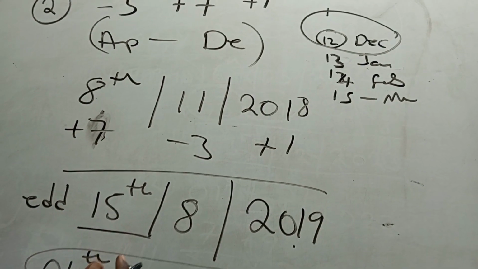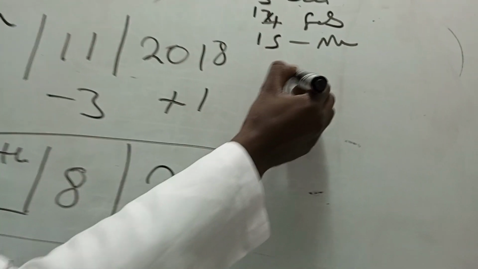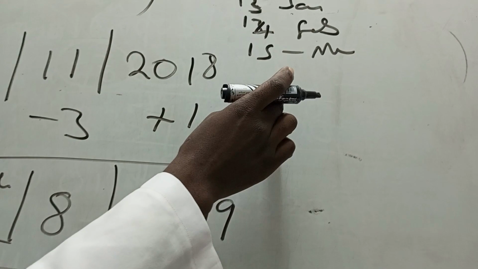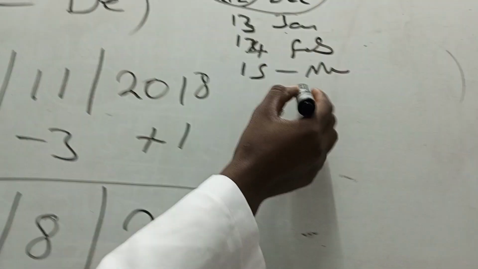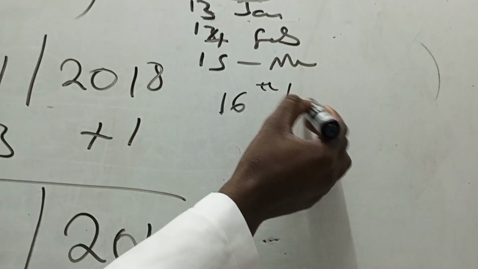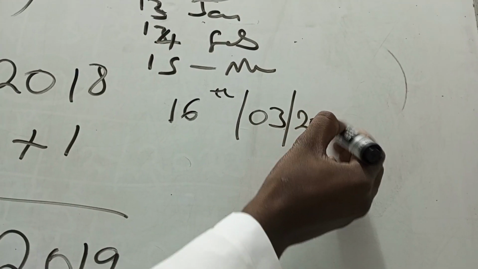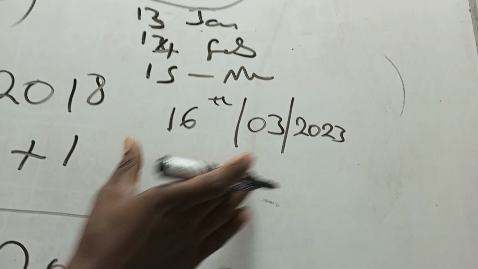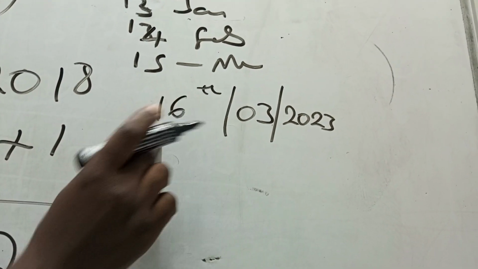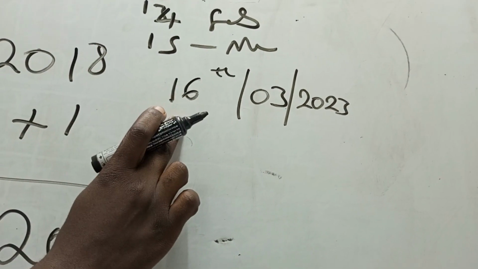Let's look at the example of 16. The LMP is the 16th of March, which is 03, in 2023. Imagine she has told you this is the LMP.